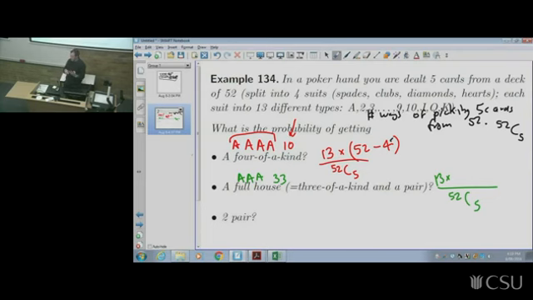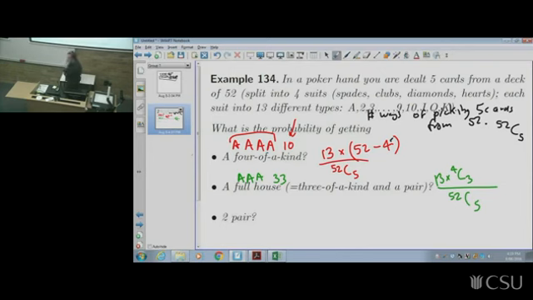How many suits are possible? 4. So of the 4 suits I have, I want to choose 3 of them. Does that make sense? Yep. So I've got 13 options for what the 3 of a kind can be. Once I've worked out what it is, say ace, I've got to pick 3 suits of the 4.